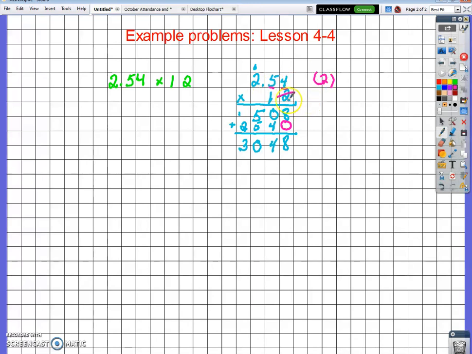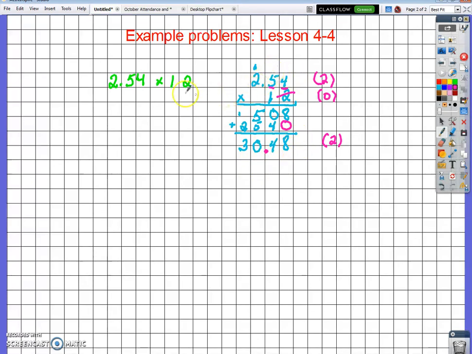There are no digits after the decimal in my second factor because there are no decimals. That means I have to have a total of 2 digits after the decimal in my answer, which would put my decimal between the 0 and the 4. So my answer should be 30 and 48 hundredths.